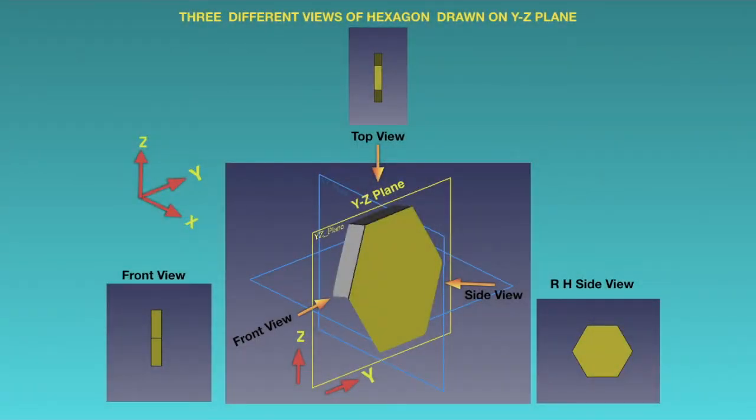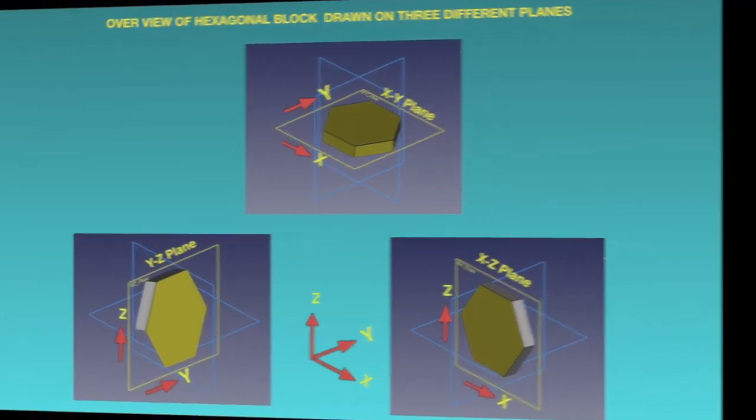Similarly, when we draw the hexagonal pad now on YZ plane, which is again a vertical plane consisting of Y axis and Z axis, the corresponding three views, that is top view, side view and the front view of the hexagonal pad, would be something like this, as we can see here in this slide.